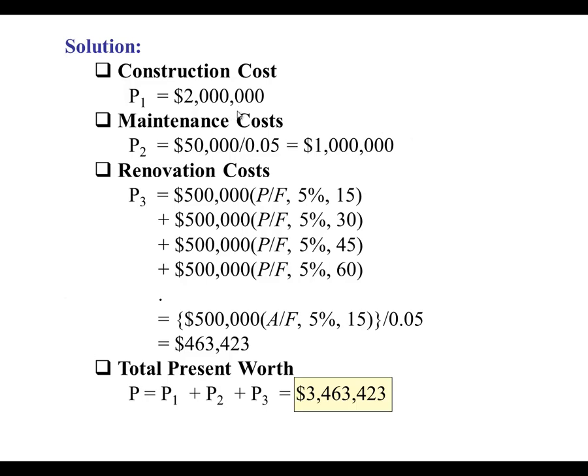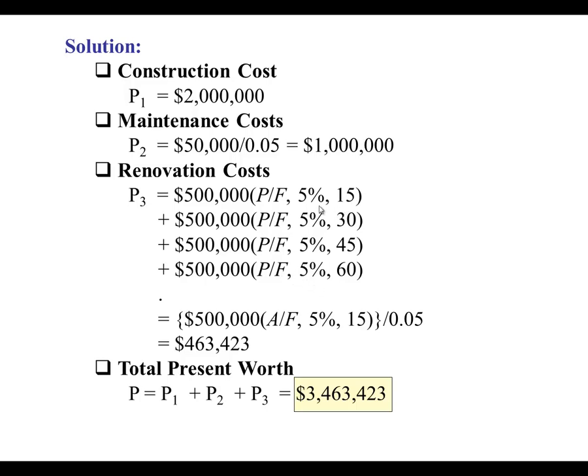So P1 is 2 million, P2 is 50,000 over 5%, just A over i, because it is infinite, and that will equal 1 million. And then we need to bring the values of the 500,000 to the present, which occurs every 15 years.